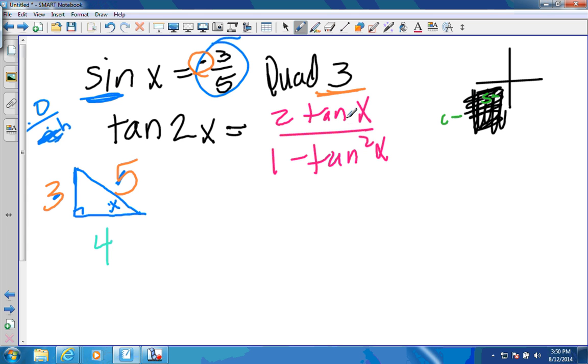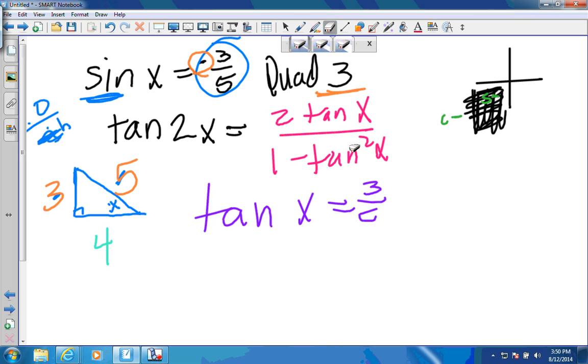And therefore, since we're dealing with tangent of x, we know that tangent of x equals 3/4.